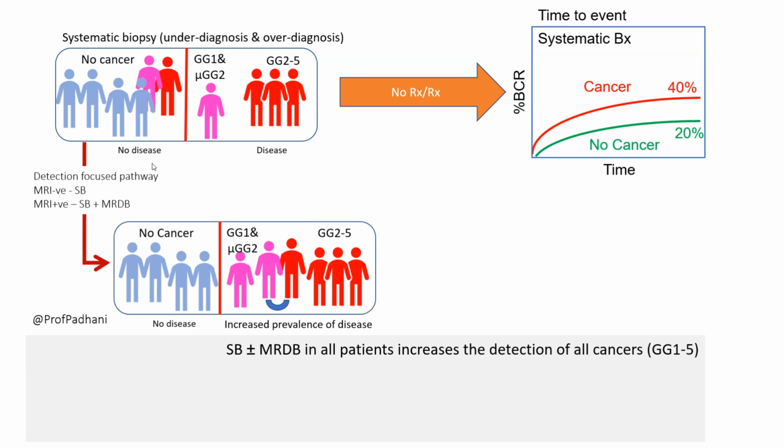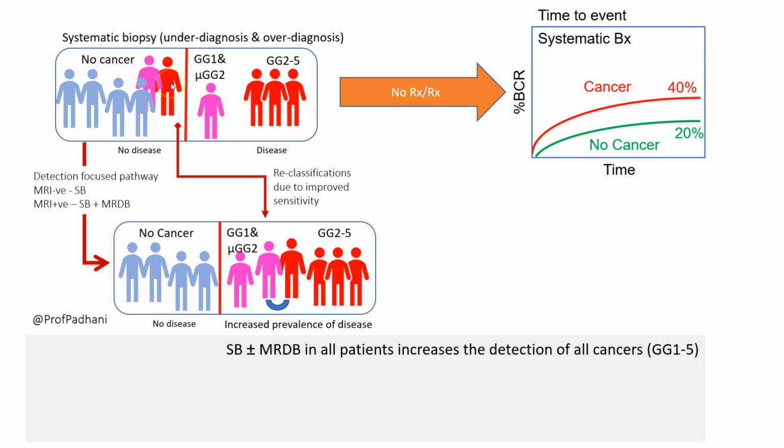Now, if you did an MRI, and for a negative MRI you did a systematic biopsy, and for a positive MRI you did a systematic plus an MRI targeted biopsies, then the disease and no disease groups would look something like this. So you can see that you would get reclassification due to improved sensitivity.